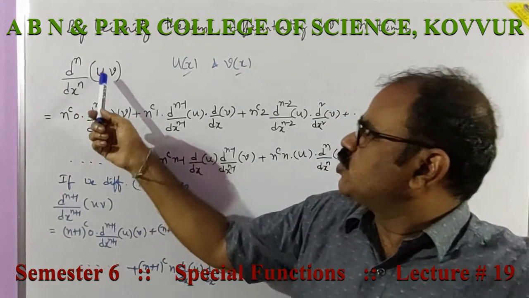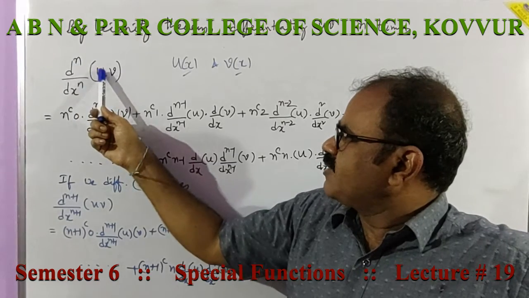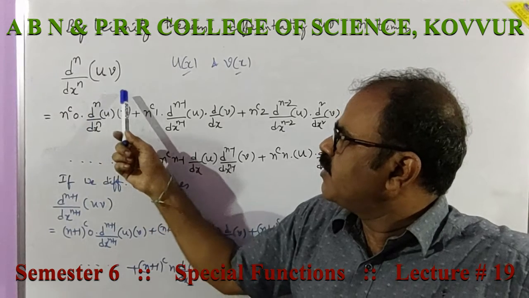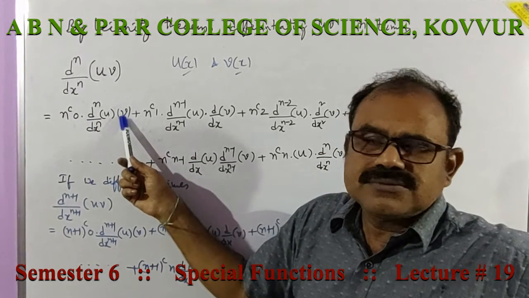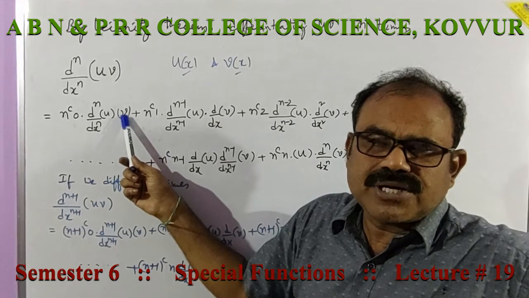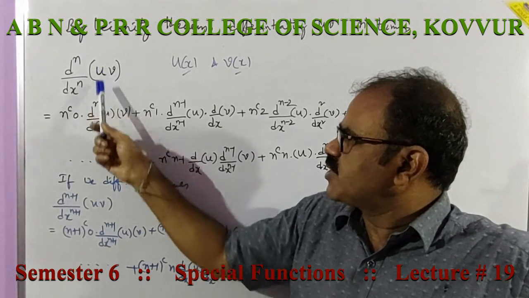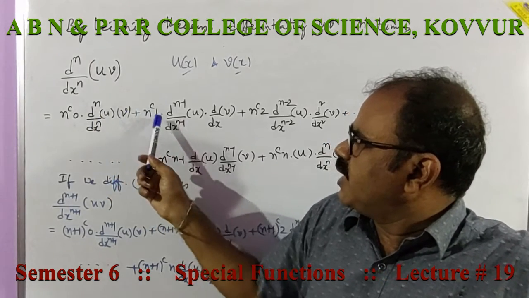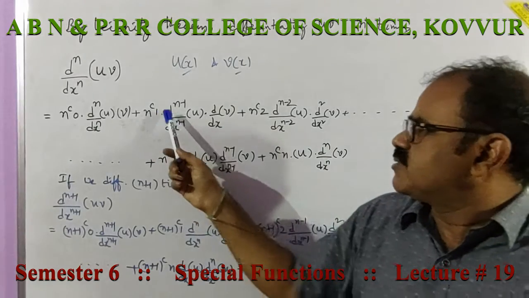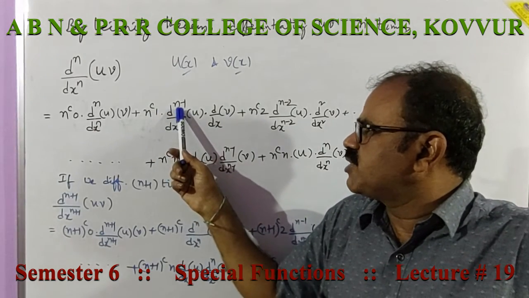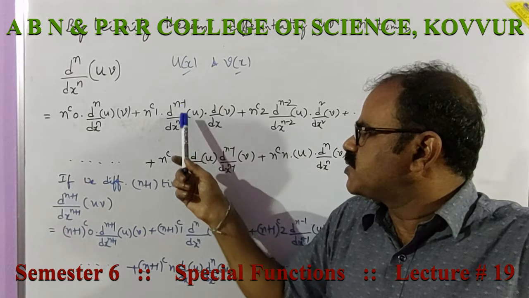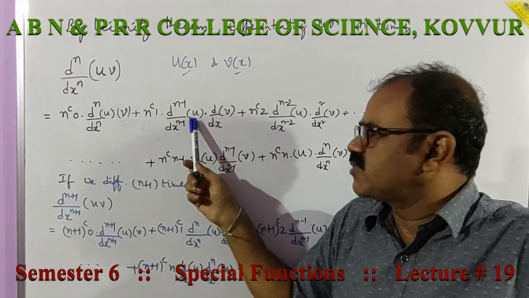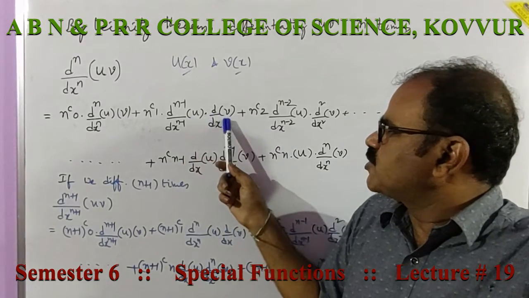We have to put the nth derivative of u here, and no derivative of v, zero derivative, we are not differentiating v. First function we are differentiating n times, second no. Then nC1, and reduce this: the first function we are differentiating n minus 1 times, d power n minus 1 by dx power n minus 1 of u, and first derivative of v.